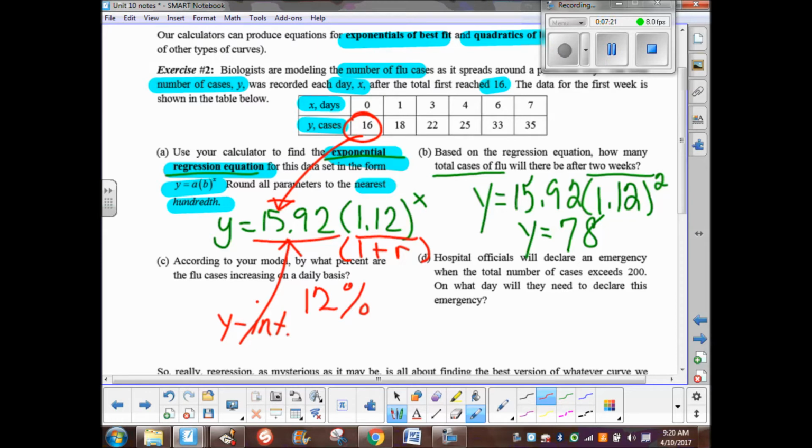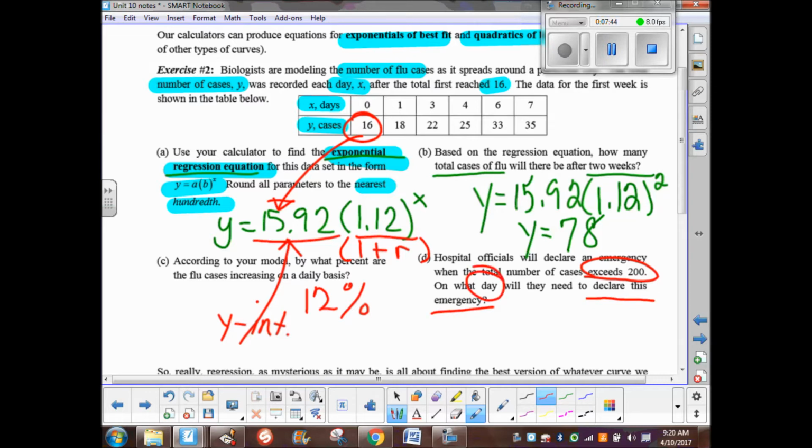It says hospital officials will declare an emergency when the total number of cases exceeds 200. Okay? Exceeds 200. So when there's all of a sudden 201 cases of the flu, that's when they declare an emergency. On what day will they need to declare this emergency?